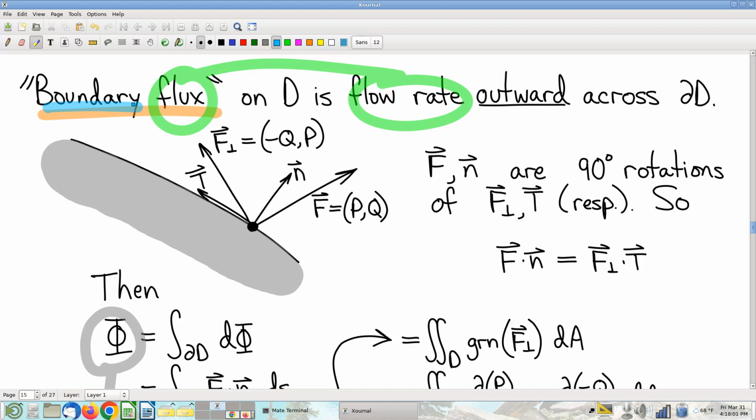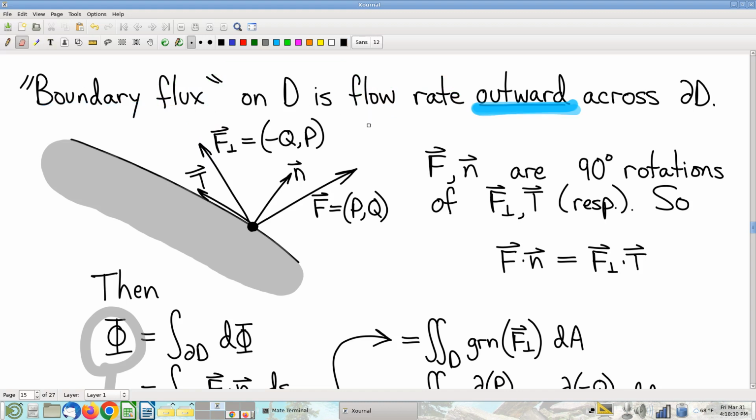And the convention is arbitrary, and 150 years ago they could have chosen a different choice, but they didn't, and convention is what it is. Planet Earth does it a certain way. So we're going to get on board as usual. The convention here is that boundary means outward, away from where the area is. So boundary flux just means outward flow rate across the boundary.